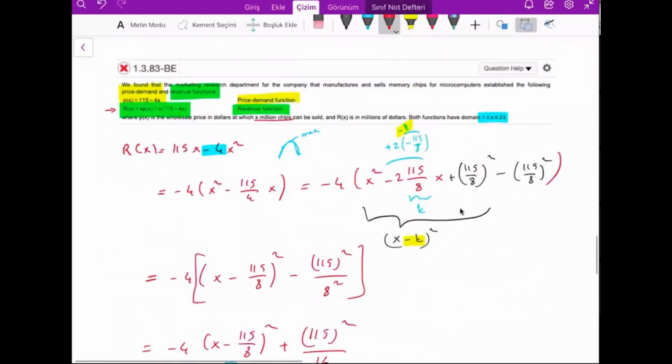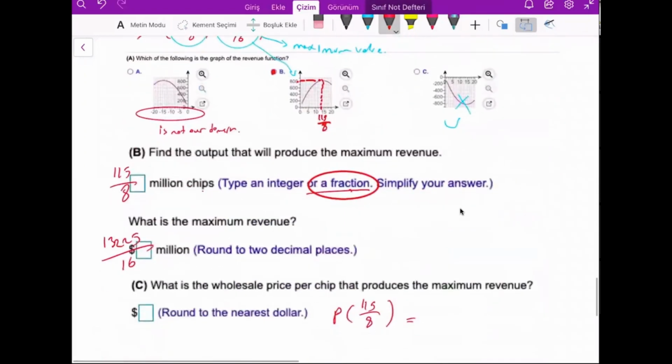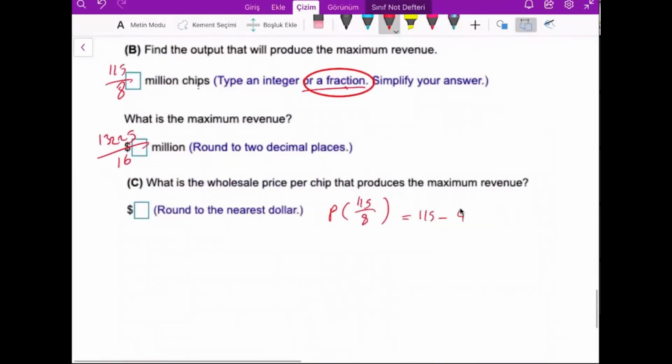By using the price equation, 155 minus 4x, where x is 155 over 8. So this is our answer. Okay, round to the nearest dollar. So this is approximately 57.5, but the nearest dollar is 57 or 58. Actually 58 is better.